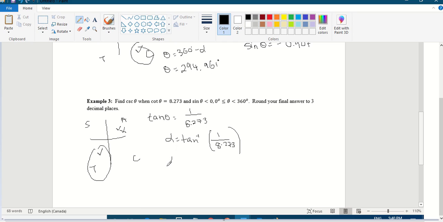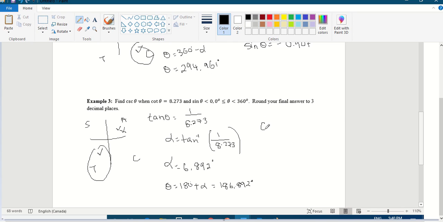So punching this in the calculator, we punch in tan inverse bracket 1 divided by 8.273, we get 6.892. So it is roughly 6.892 degrees. Okay. Once we have this, we can find theta in the third quadrant to be 180 plus alpha. So in our case, it will be 186.892 degrees. Now that we have theta, we can find cosecant theta.